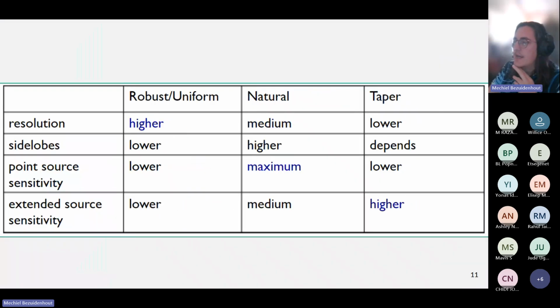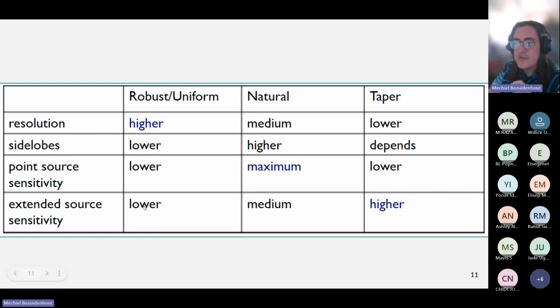So this is a table that shows which weighting schemes give you better properties. If you want a high resolution in your image, you want to see very fine details, then you can use a robust or uniform weighting scheme. But then you get pretty low sensitivity to point sources and extended sources.